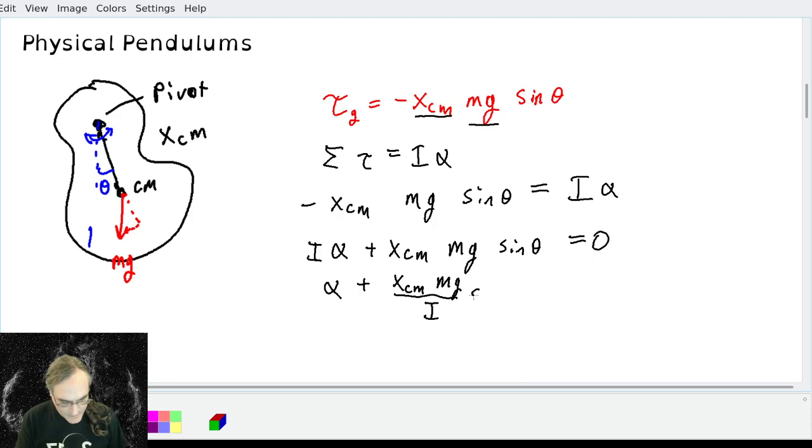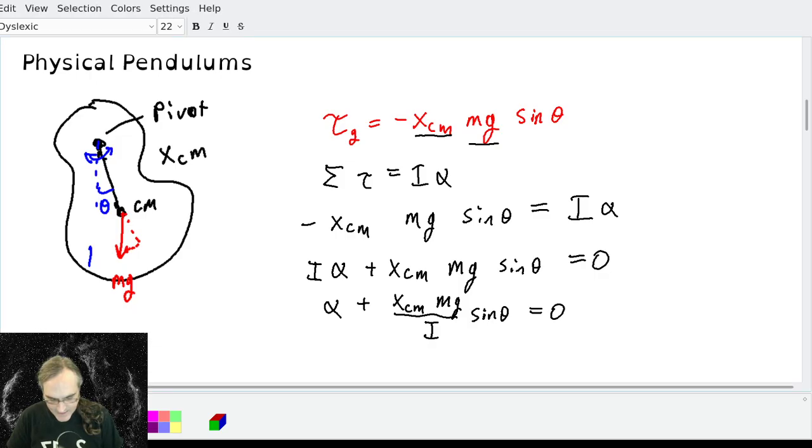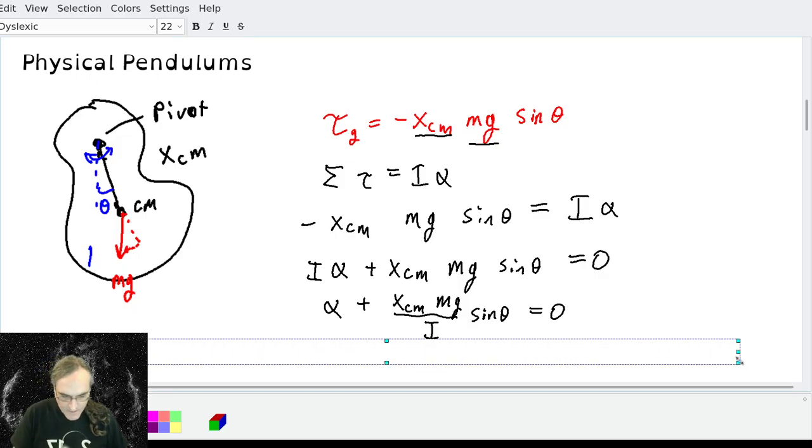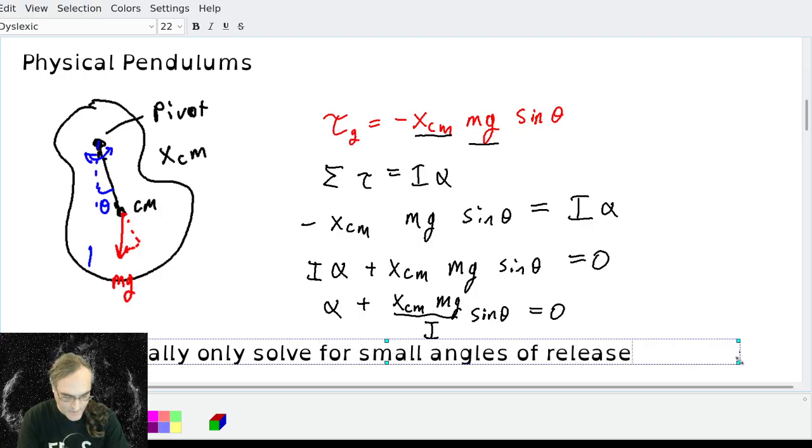Sine theta equals 0. We have the same limitation. We can really only solve this for small angles, so we're still limited to small angles of release.